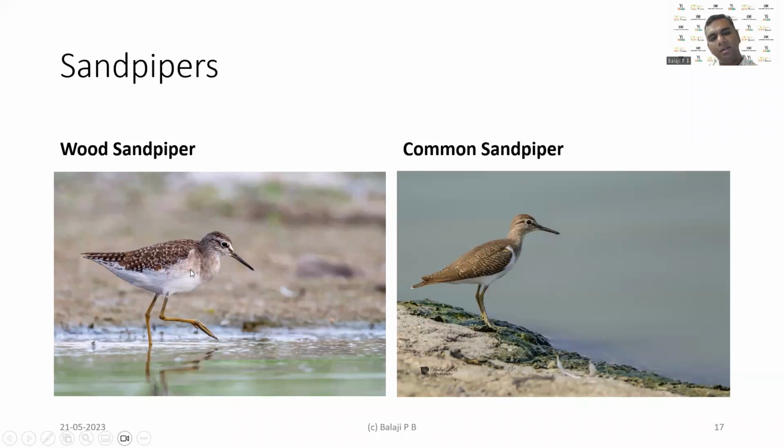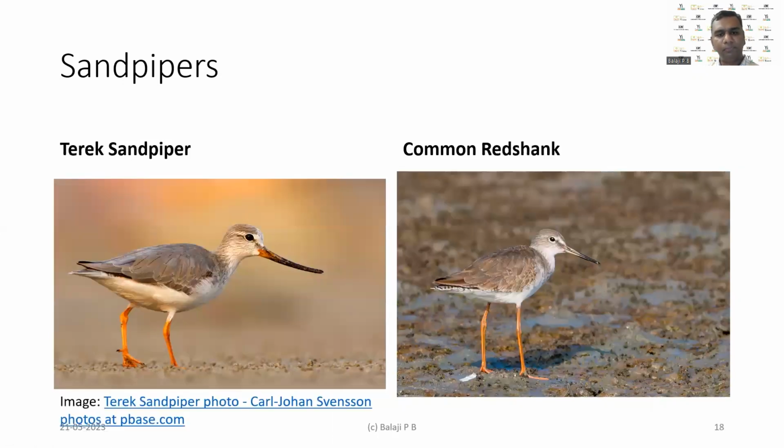So the upper body markings and the peak-shaped sign formed by the wings are the main differentiating factors between the wood sandpiper and the common sandpiper.